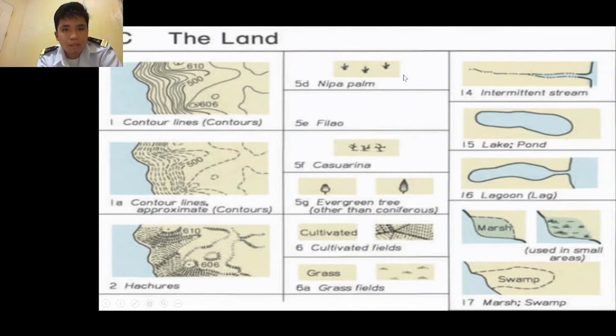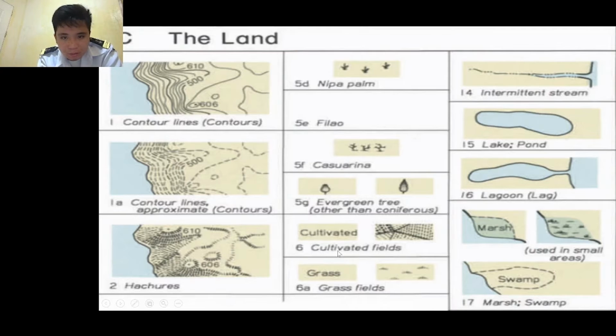This can be found a lot in Asian countries and tropical areas, and on the nautical charts. Then we have here casuarina. Then we have evergreen tree other than coniferous. So these are trees that you can see on a nautical chart. It's very obvious when you look at it.